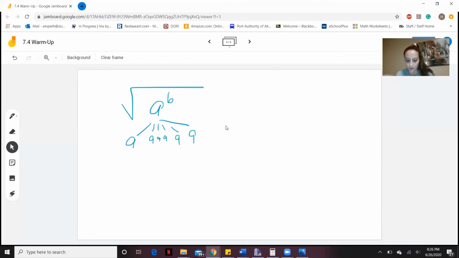And if we said, well, this times this, means we only want one, because we only want the number that multiplied by itself. So the number that we're multiplying by itself is a cubed, a to the 3.